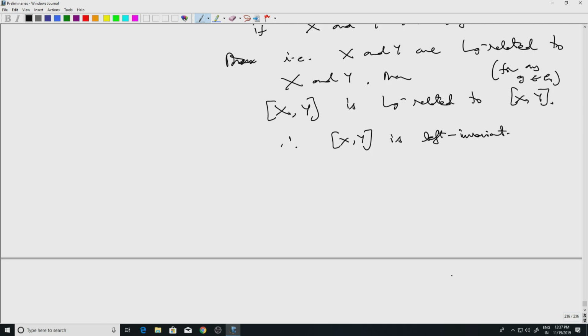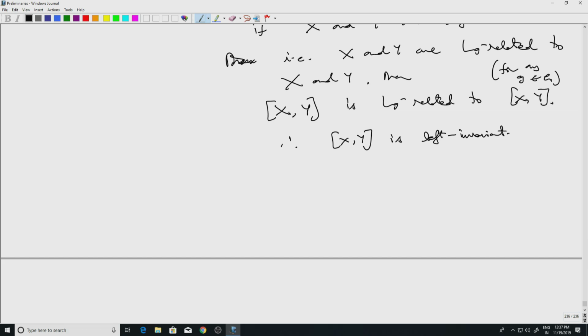So this is a very important thing, because we have already looked at the set of left invariant vector fields on a Lie group, and we have seen that it's a finite dimensional vector space which is naturally isomorphic to the tangent space at identity.